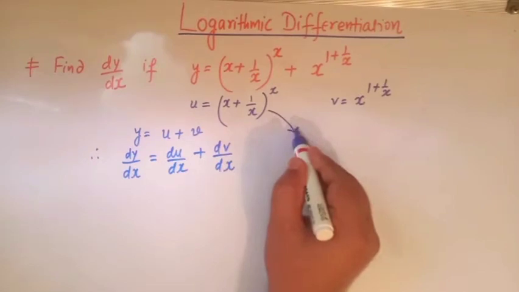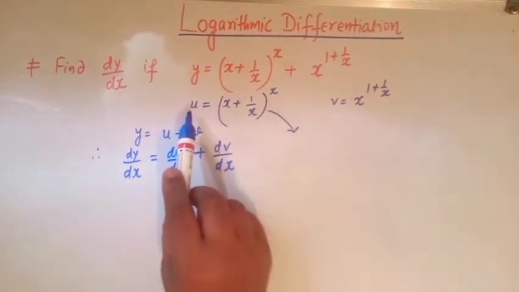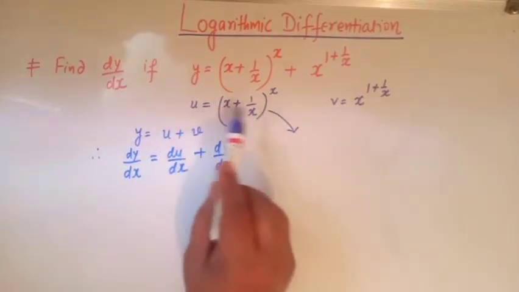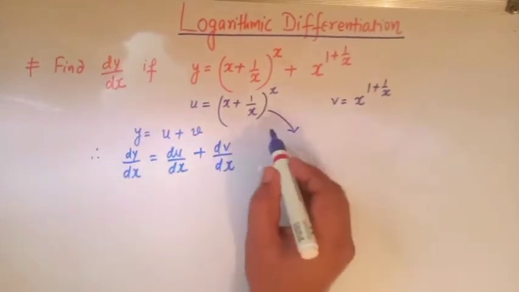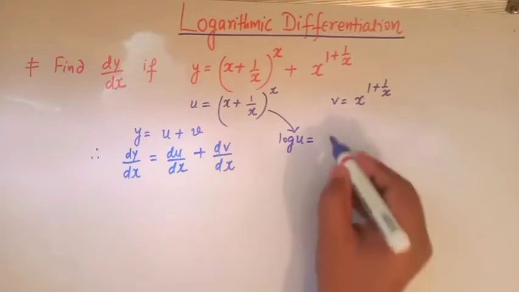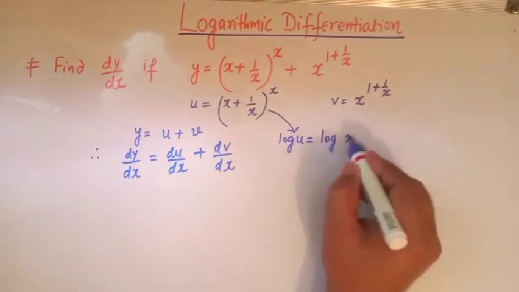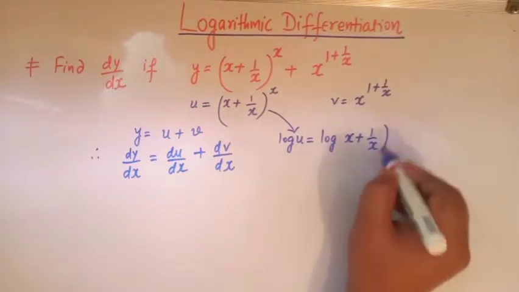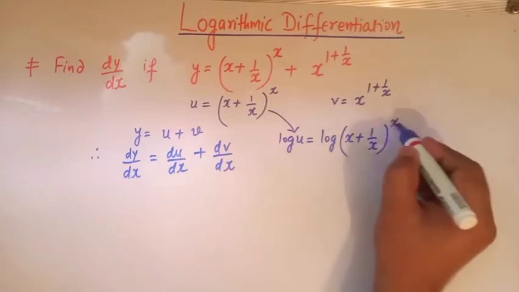So from this function, if we take the log of both sides, we have log u is equal to log of (x + 1/x)^x.